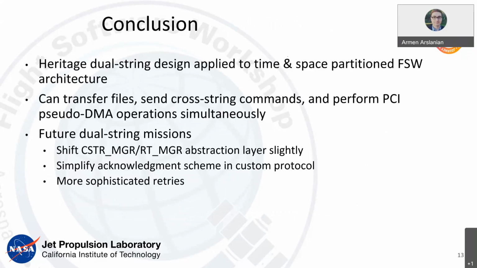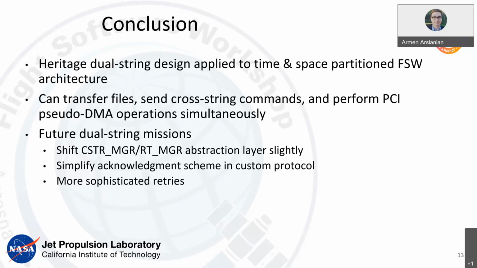So to recap, we talked about how we took the heritage dual string design and applied it to the time and space partitioned new flight software architecture. We mentioned that we can transfer files, send cross-string commands, and perform PCI DMA operations all simultaneously from the primary string to the backup.